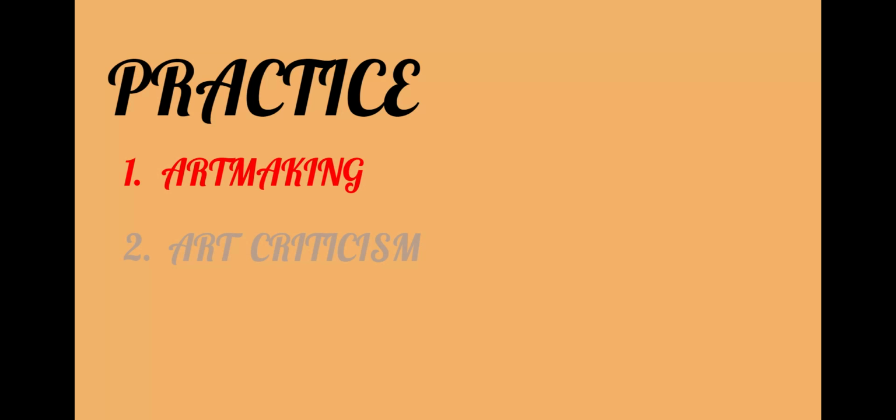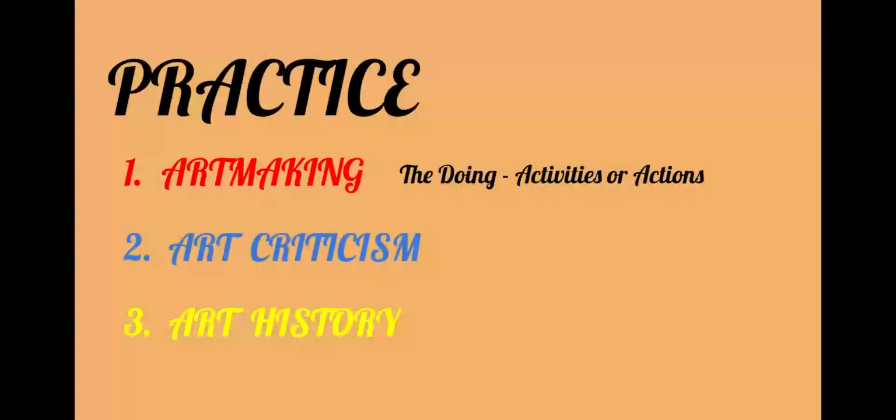Practice is divided up into three areas: art making, art criticism, and art history. You have been involved in the art making process for the last term with your body of works. The doing, or the activities or actions that the artists make, is what is known as art practice.